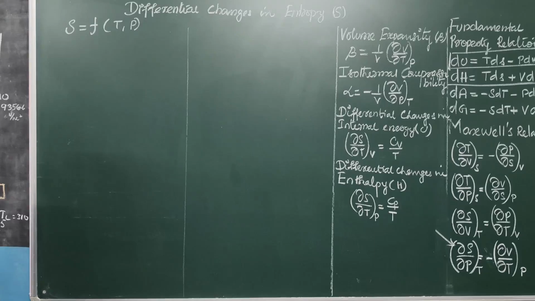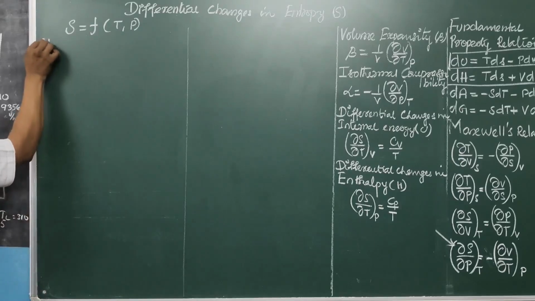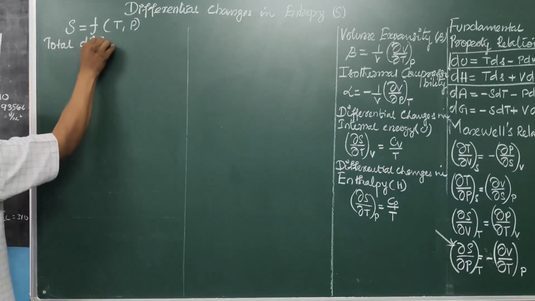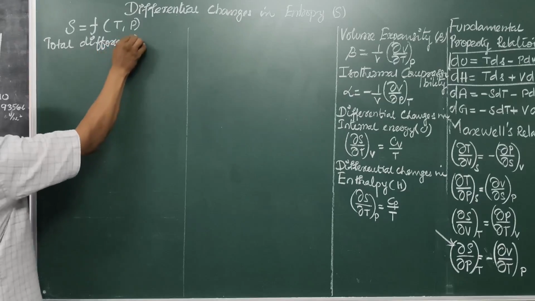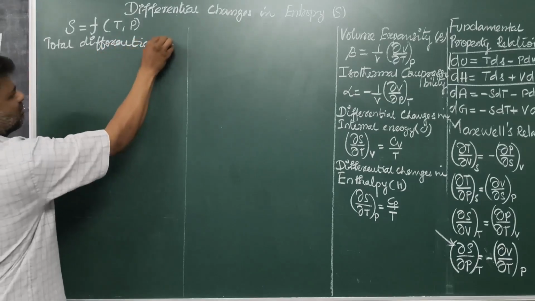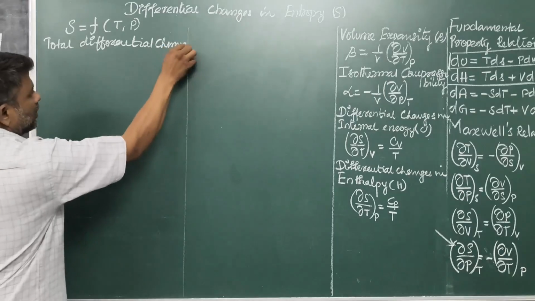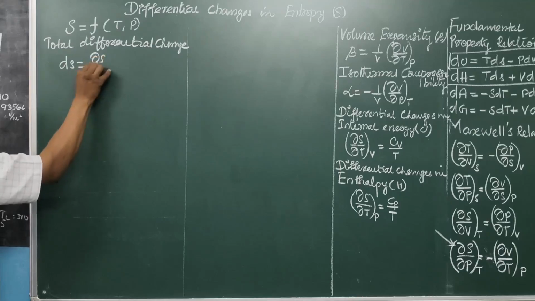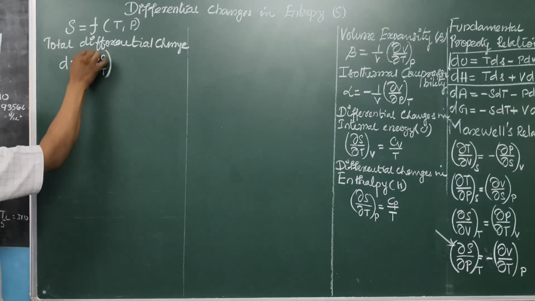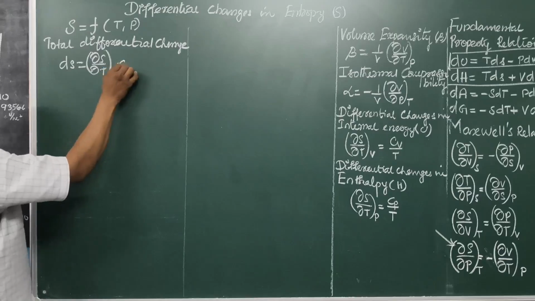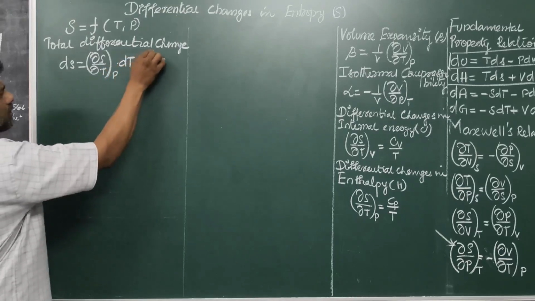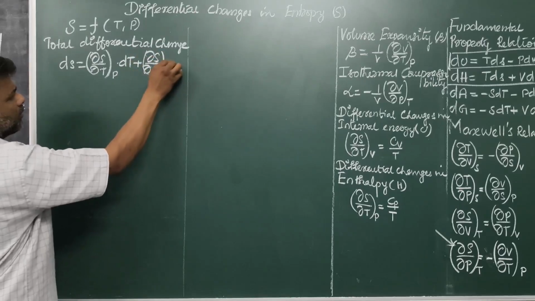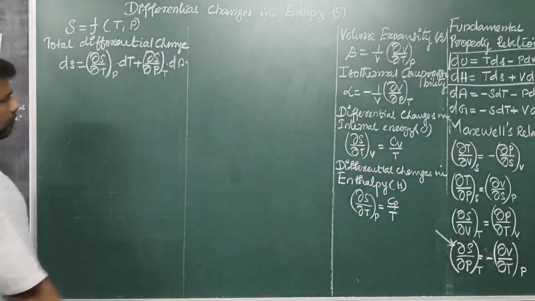In order to estimate the total differential change, ds is equal to dou s by dou T at constant pressure into dT plus dou s by dou P at constant temperature into dP.